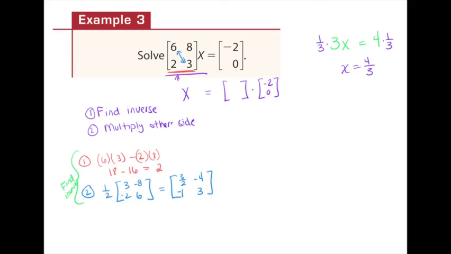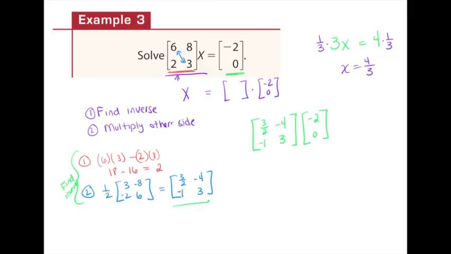All right, now I am going to take this inverse and multiply this with matrix multiplication. So I'm going to say 3/2, negative 4, negative 1, 3. And I am going to multiply it by negative 2, 0. All right, so we're going to do row by column multiplication here.